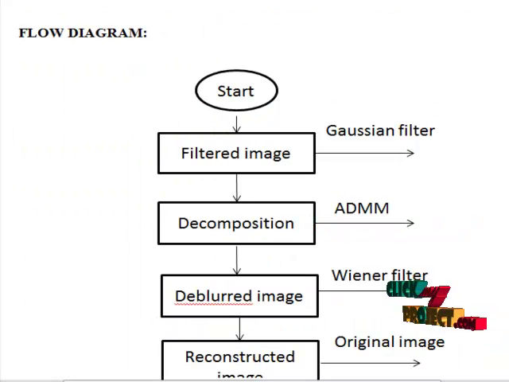Let us discuss the flow diagram for this process. Here first, the filtered image. Here the input image is loaded and then the image is filtered. Then a Gaussian filter was used for filtering the input image.